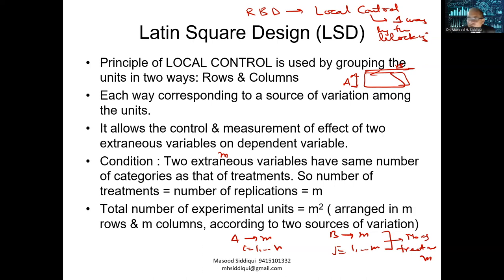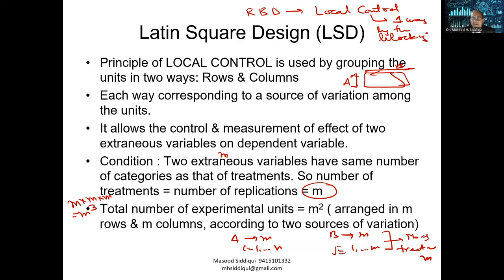The number of treatments would also be M. So number of treatments equals number of replications equals M. Now, for the analysis, we require M rows, M columns, and M treatments, so M cube, M to the power 3 observations.